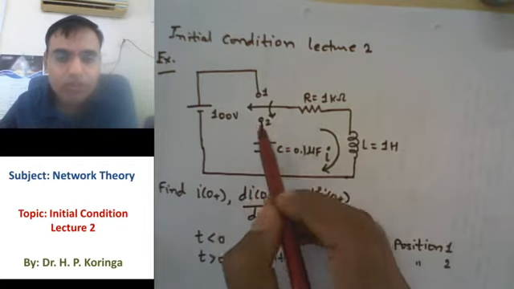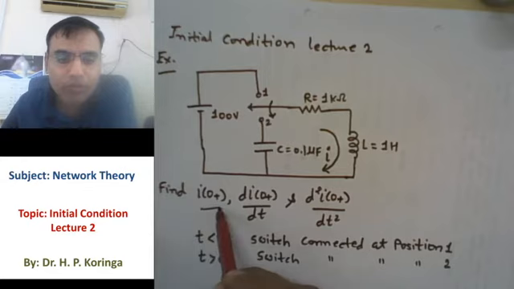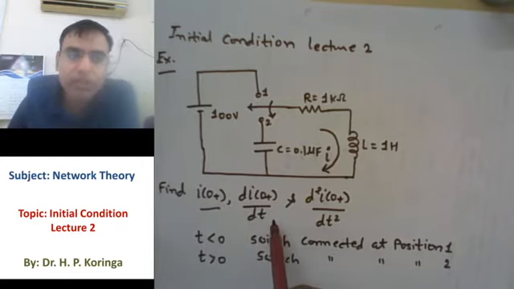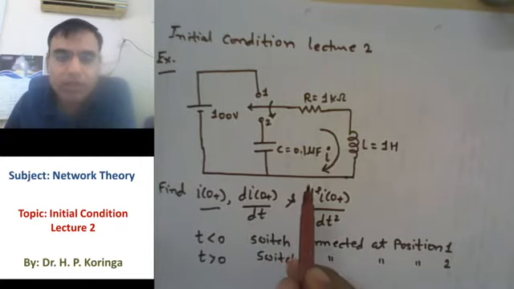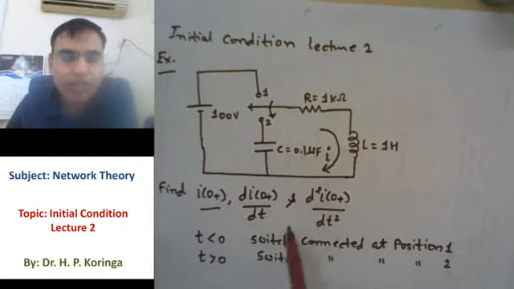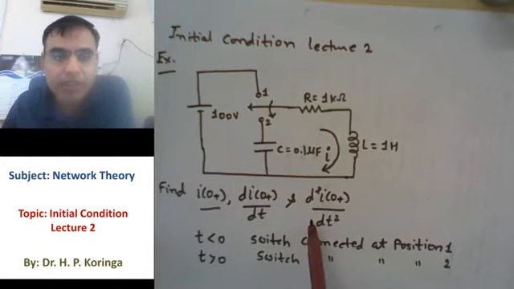We have to find I(0+), where plus means after the switching, and the initial conditions di(0+)/dt and d²i(0+)/dt² after the switching.